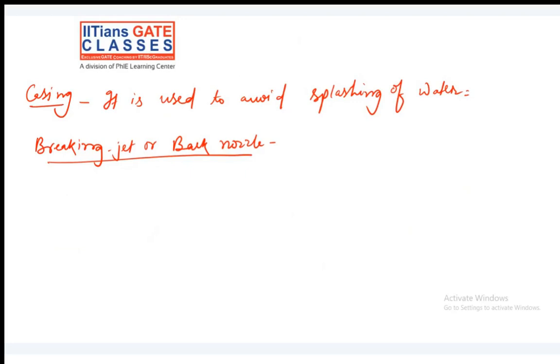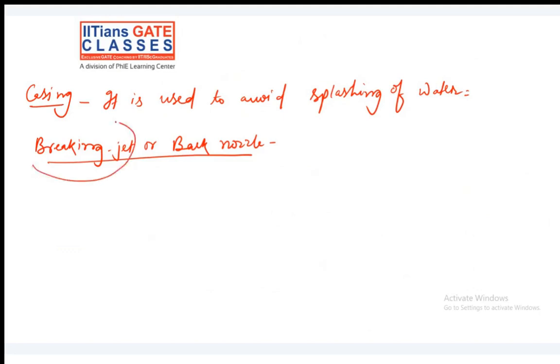But even though you cut your fluid supply, due to inertia the runner will keep on rotating. Yes or no? The rpm of the runner is very high and it has too much inertia also. That means due to that inertia it will keep on rotating. But let us say you need to immediately stop because there is some mechanical failure and it can get accelerated. So what you need to do at that time is use braking jets.